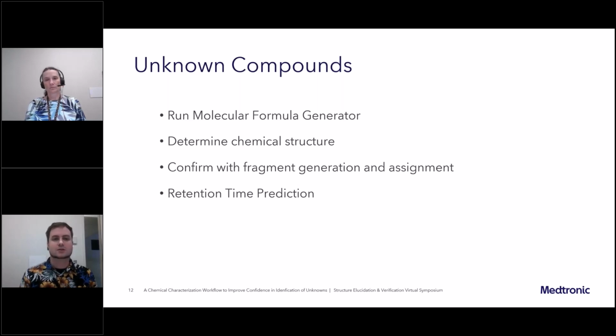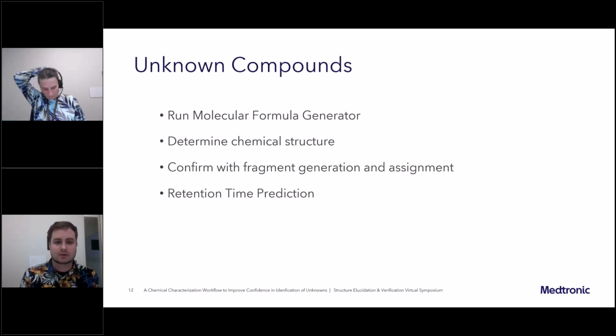Thank you. So Cindy has talked about how we identify known compounds using spectral matching and that spectral library that's been curated. And I'm going to talk about how we identify the unknown compounds that are then left over in the sample that need to be identified.